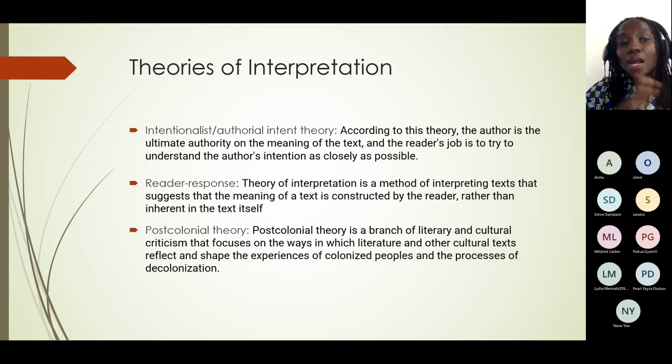And then there is the reader response theory of interpretation, which says that meaning of a text is not fixed by the writer. It is determined by you, the reader. And so you construct the meaning as you are reading it based on your experiences, based on your level of understanding or exposure.